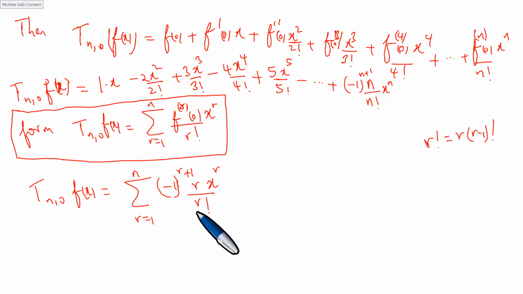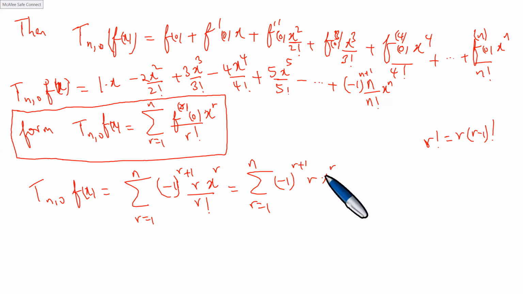This means we can write the summation divided by r times (r minus 1) factorial.